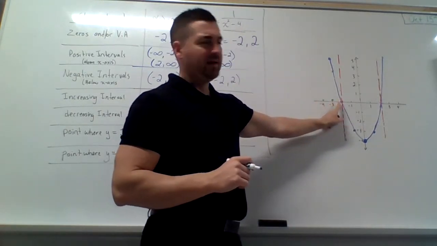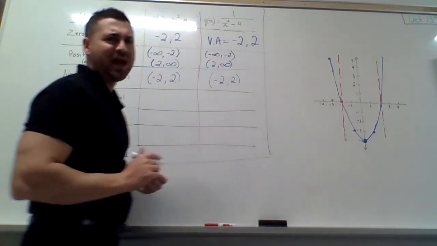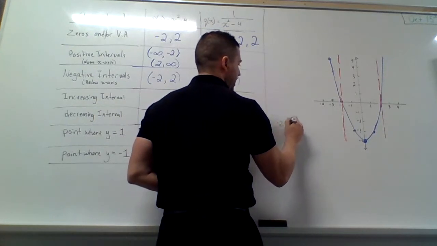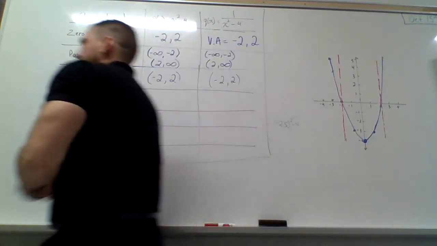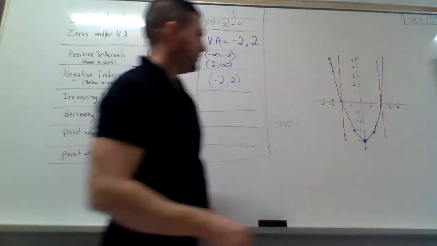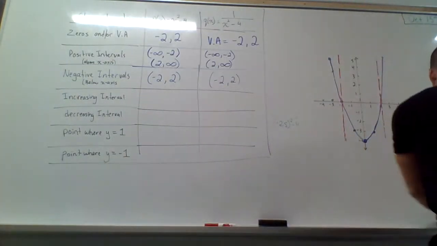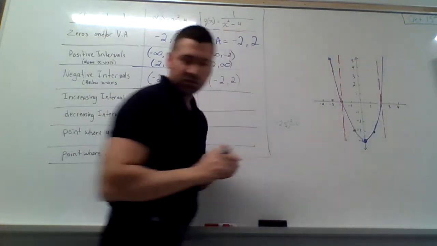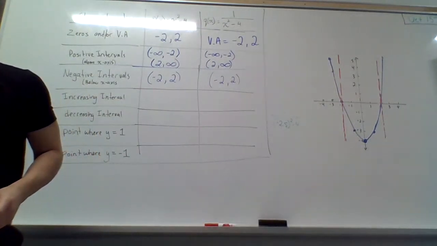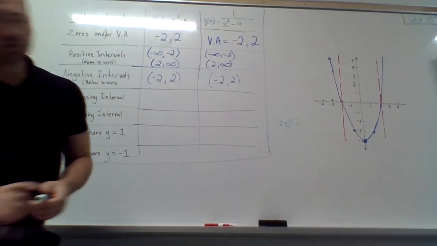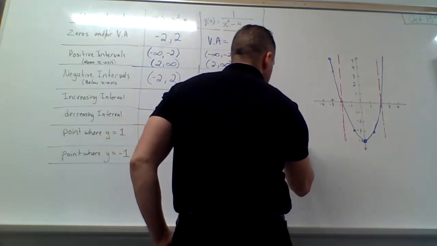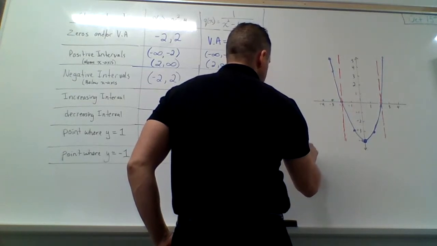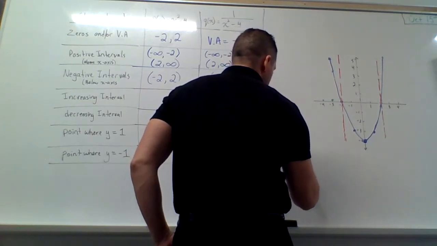So what if I plug in, say, -2.5? So -2.5 squared minus 4. -2.5 squared, I think, is 6.25. 6.25 minus 4 is 2.25, so 1/2.25.